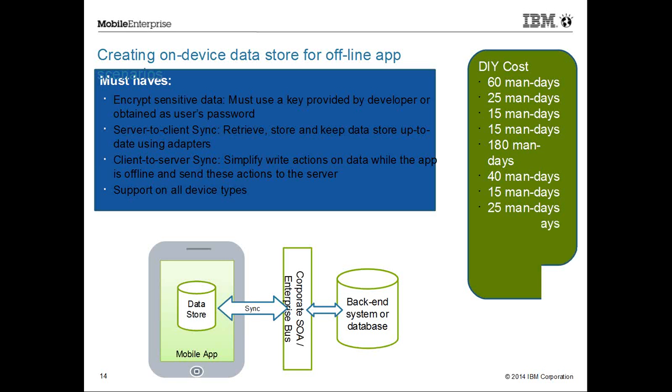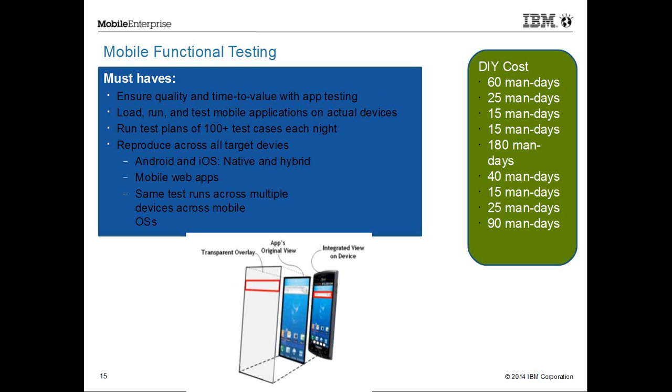Now, I will go to the developer and say, fix this. And once he gives me debugged code, I cannot do testing only for those 3 that failed. Right? I will have to do testing for the entire 200 test cases all over again. Why? Because I don't know what got dropped or what got broken when those 3 issues were solved. So this becomes iterative testing, and many times this takes a lot of time. So doing mobile functional testing typically takes about 90 man days for an entire enterprise application.